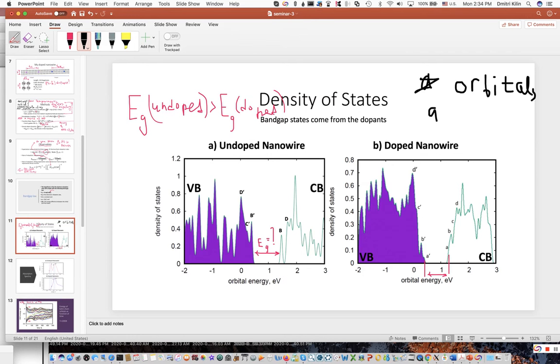Maybe not. I'm not telling you to immediately move them here, but I have ambiguity. When you are talking about orbitals and density of states, it could be reasonable to show that this orbital is responsible for that peak and this orbital for that peak.